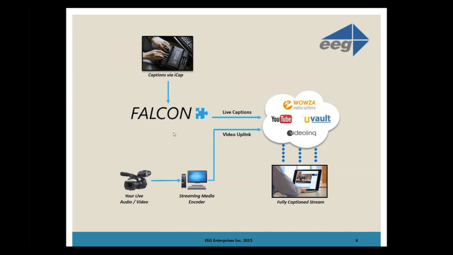So, the basic questions to ask in that situation will be, what streaming encoder are you using, and can it put the captions directly into the stream? This is a non-EEG encoder. Yeah, so the non-EEG encoder probably does not have a feature like that.